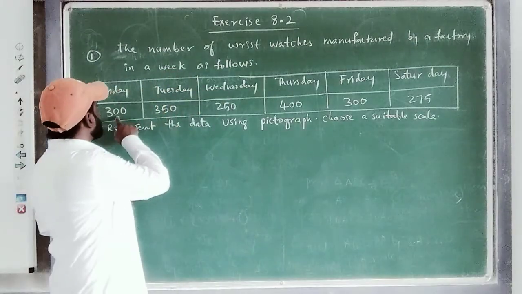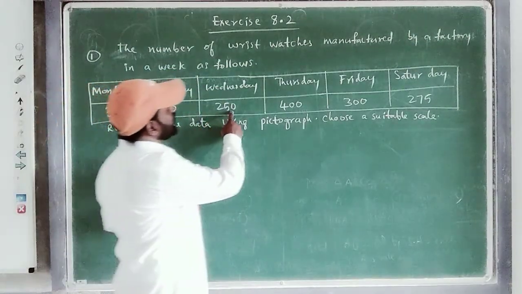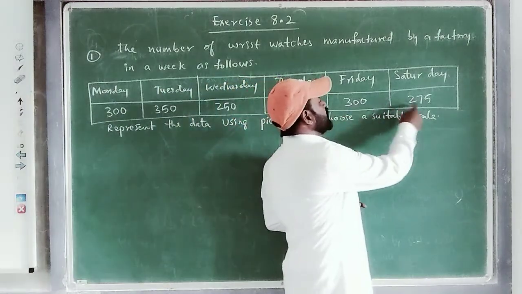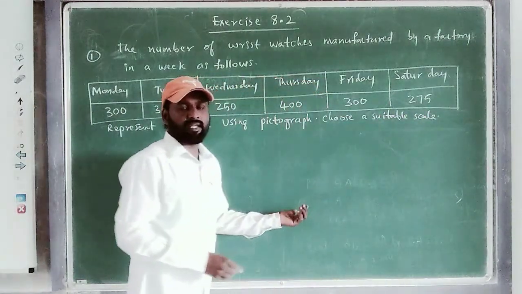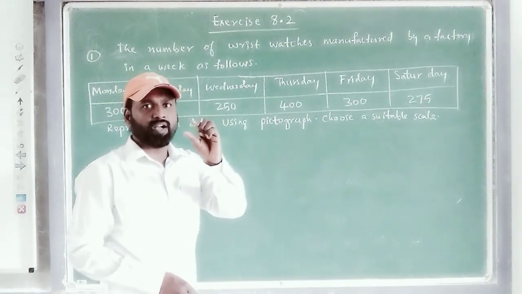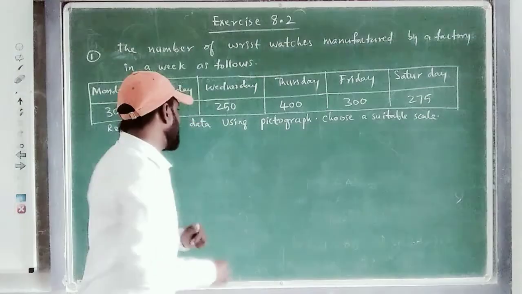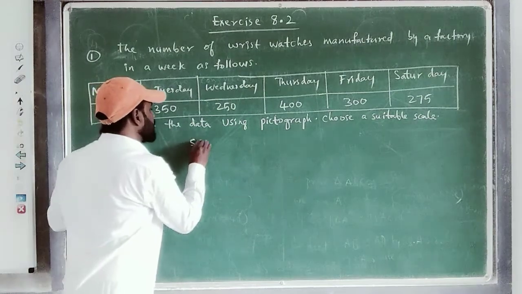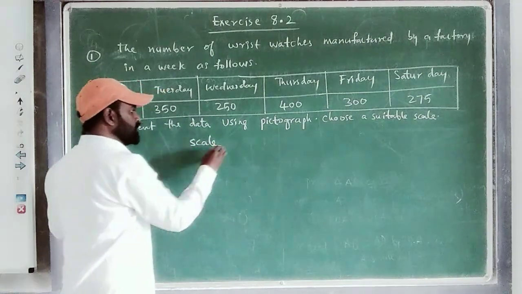Here we have 300, 350, 250, 400, 300, 275, so I am using the scale: one picture of a watch is equal to 25 watches.